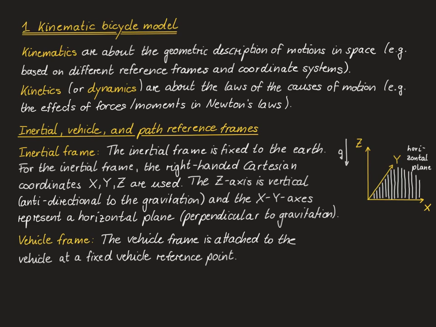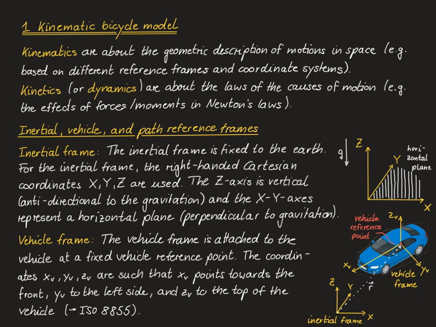Next, the vehicle reference frame is a reference frame that's attached to the vehicle in what's called the vehicle reference point. The vehicle reference point can be, for instance, the center of gravity of the vehicle or the midpoint of the rear axle.